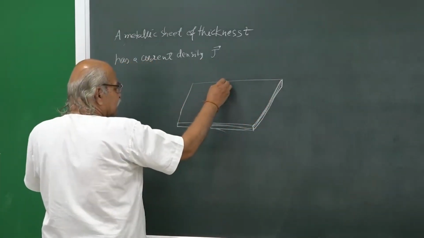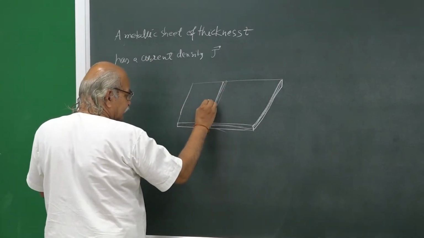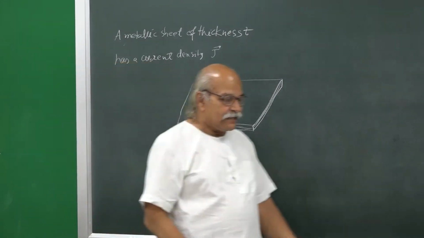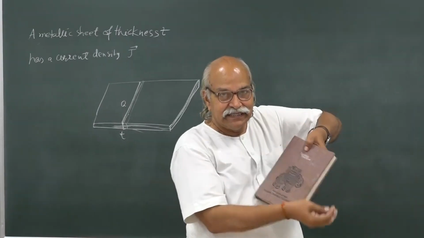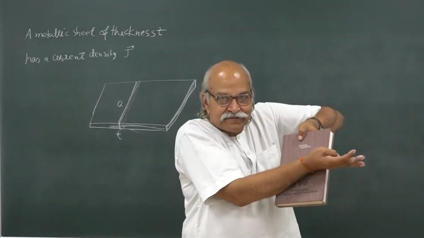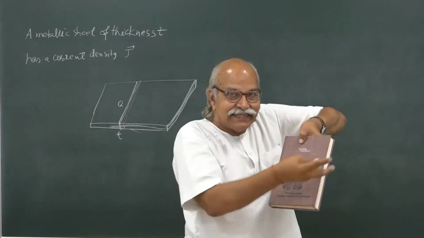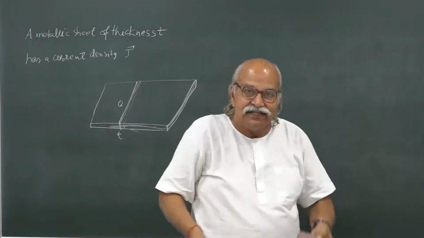So, if I say that this length is, let us say, a small a, and this thickness is t, then if I take the cross section, the area of that cross section will be a into t, and charges will cross this cross section from one side to the other.